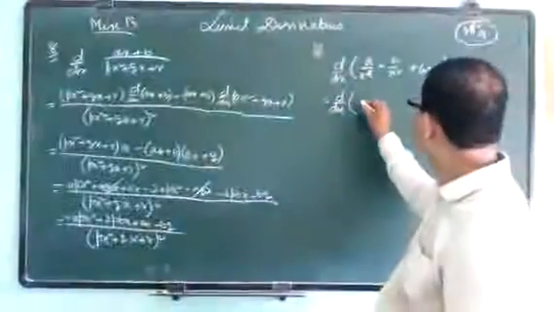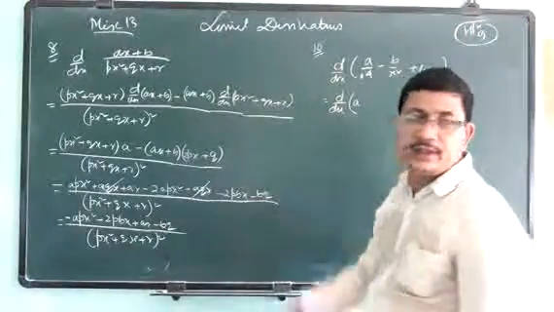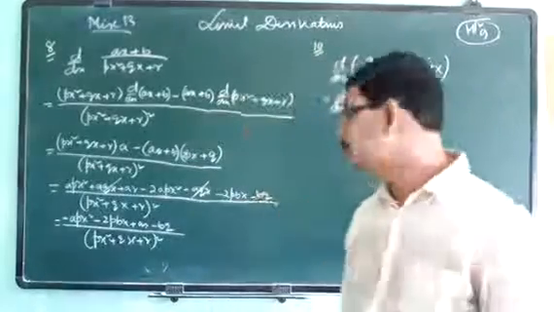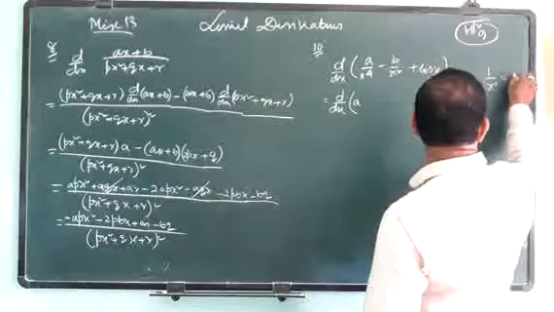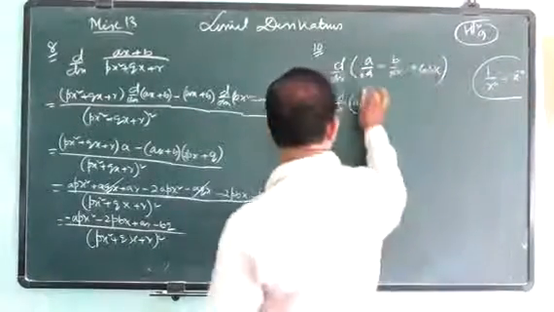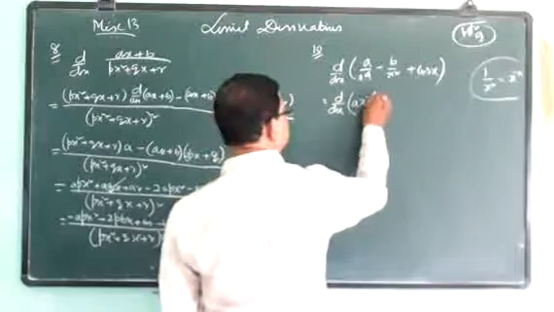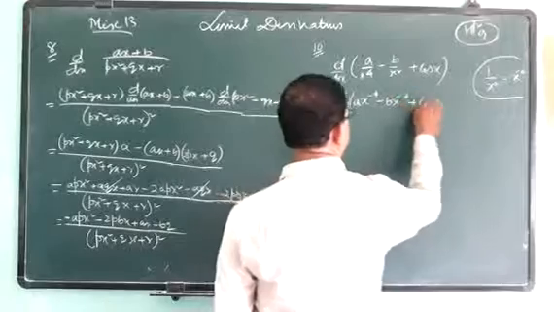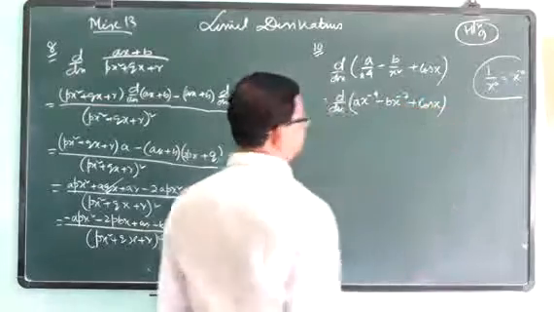What is our need? 1 by x to the power 4, we can write as x to the power minus 4. It is a formula: if it is 1 by x to the power a, then we can write x to the power minus a. So with that knowledge we can write x to the power minus 4, b x to the power minus 2 and cos x.